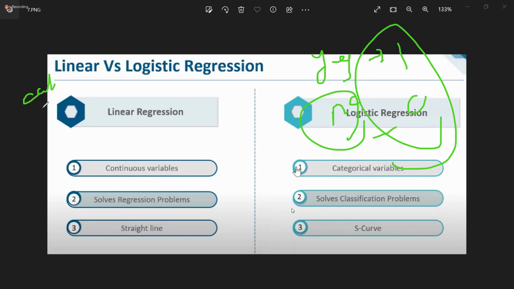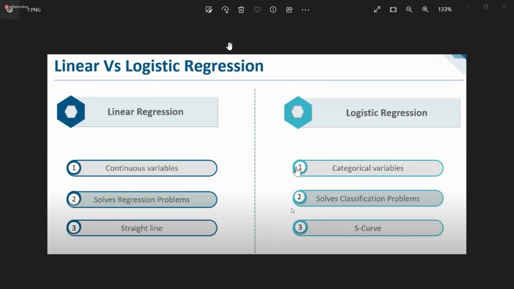Let's say cat or not a cat: cat is 1, not a cat is 0. Can we convert categorical to binary or not? Linear regression solves regression problems, while logistic regression solves classification problems. In linear regression, we get a best fit line, but in logistic regression, we get a best fit curve.